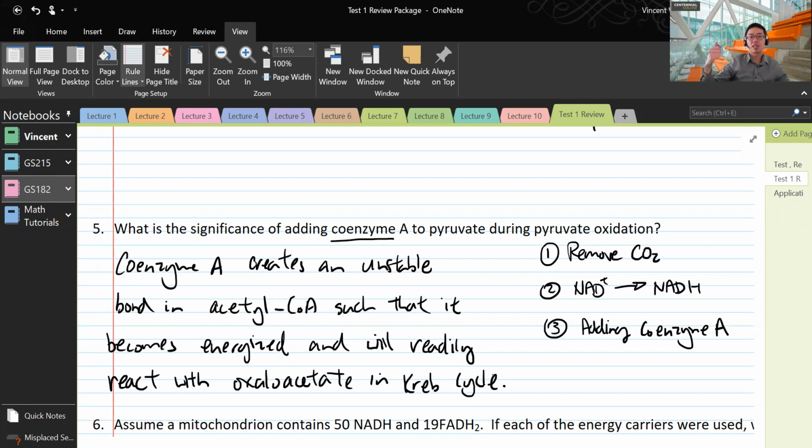But after glycolysis, it kind of ran out of steam, so to speak. It's used up the ATP that we charged it with, so it's a little bit reluctant to react further. That's why the coenzyme A will come and give it another boost, another charge, so that now it becomes energetic again, it becomes unstable again, and it's going to be ready to react with oxaloacetate in the Krebs cycle.